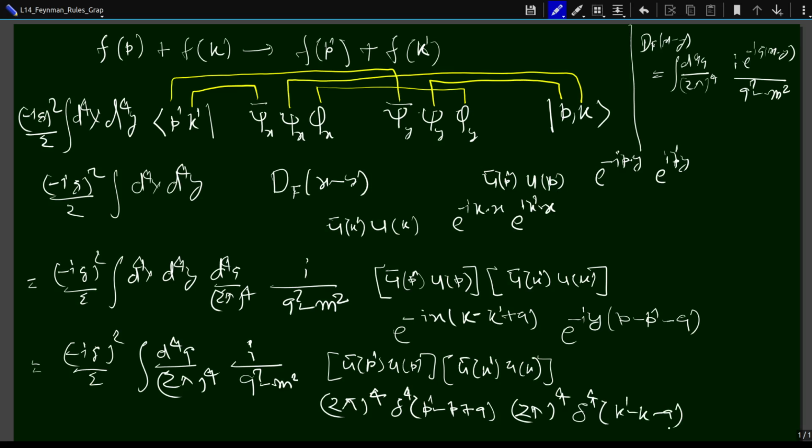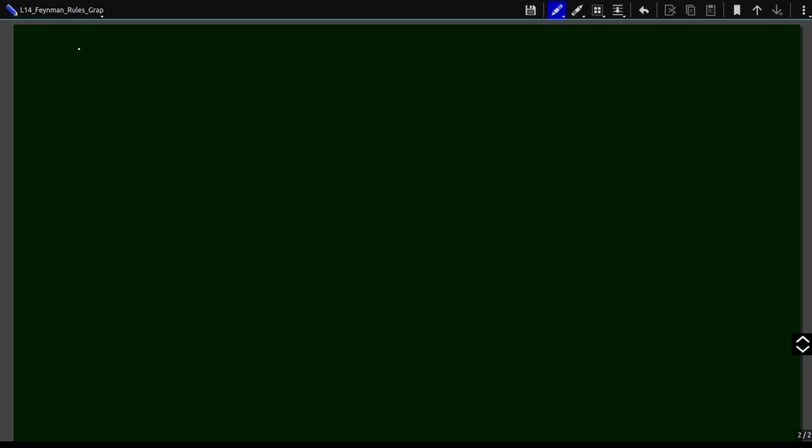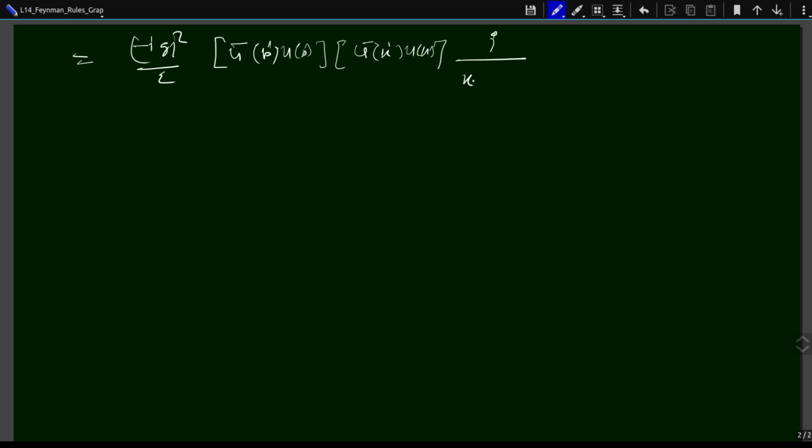Now I use this delta function to integrate, let's just say, the second one. First I'll cancel this and then integrate out the second one. So what I get over there is minus i g whole square by 2, and that thing is gone, and you have u bar p prime u p square bracket, u bar k prime u k, i divided by (k prime minus k) square minus m square, because q has now this new value.